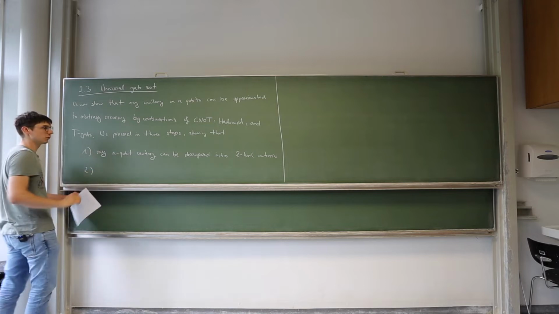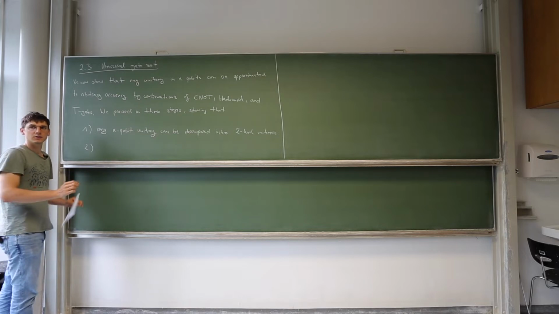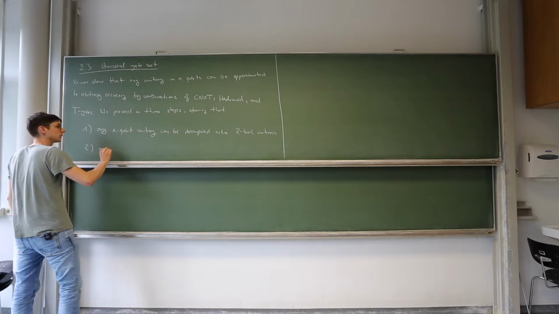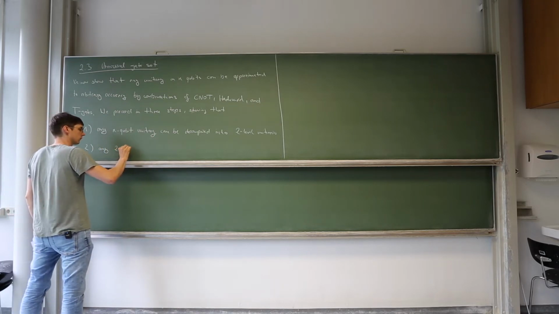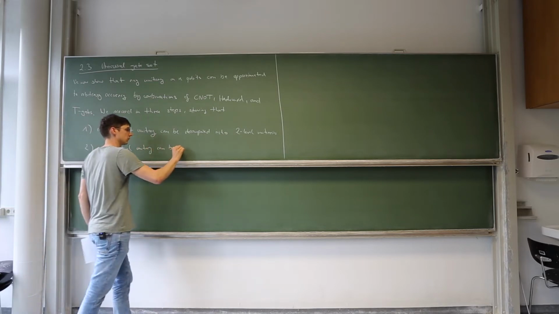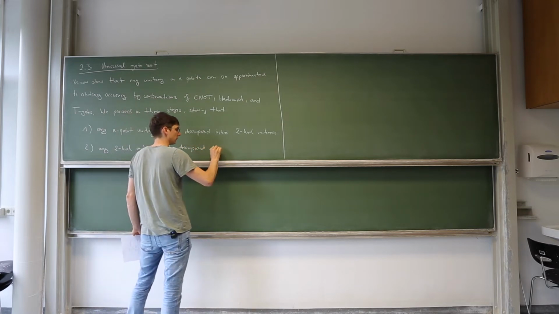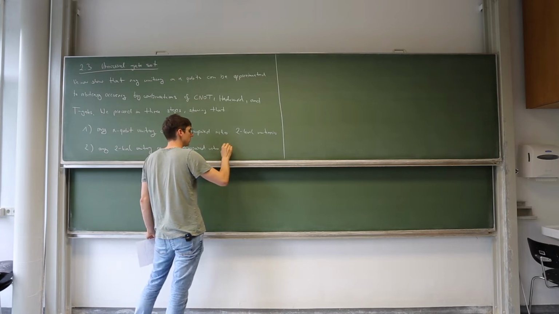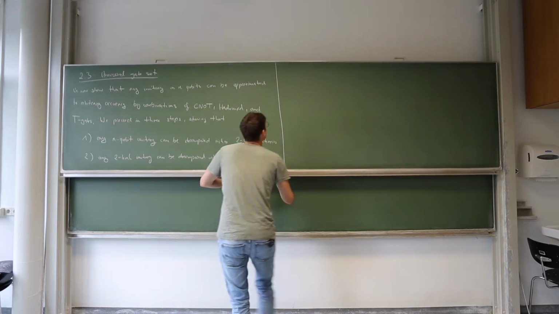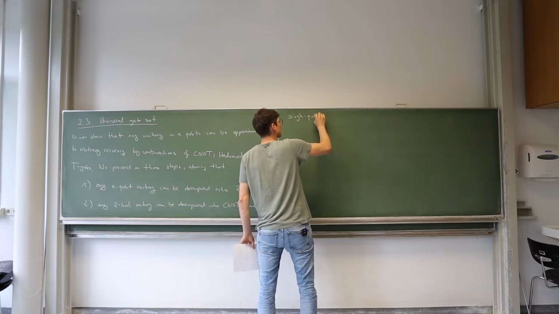Second, we show that any 2-level unitary can be decomposed into CNOT and single-qubit unitaries, into CNOT and single-qubit gates.